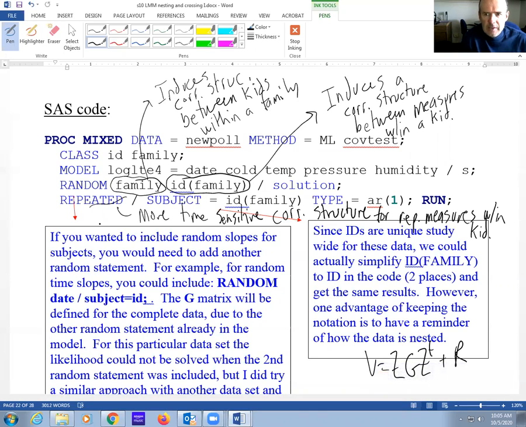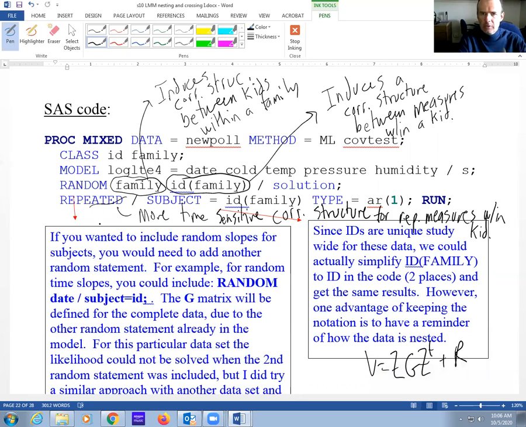Those will give you the same model fits, but they are actually a little bit different. If you say subject equals ID, you're creating a subject level G matrix. And if you just say random ID, you're creating a complete data matrix. The underlying models are the same.